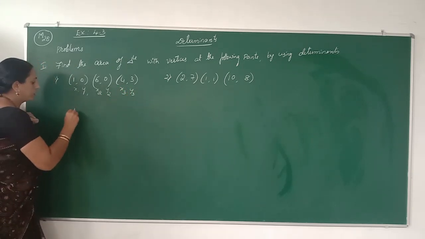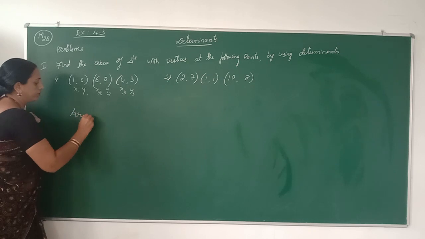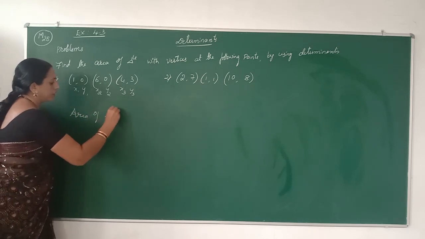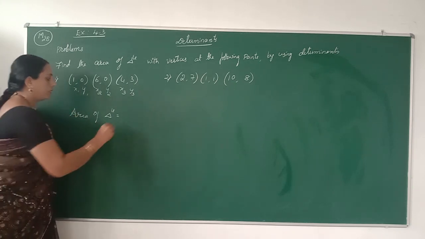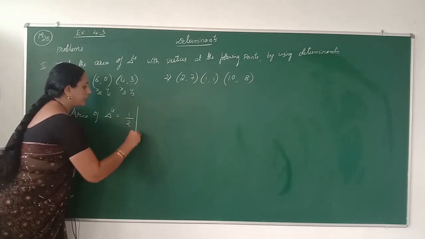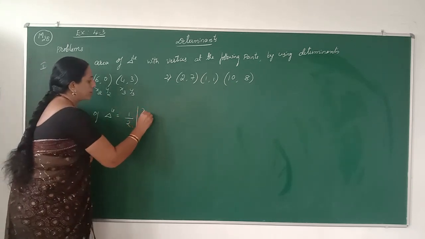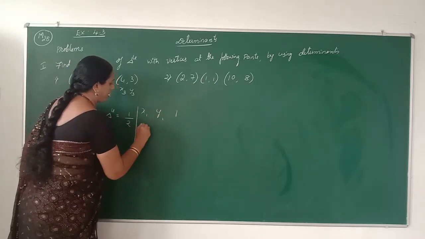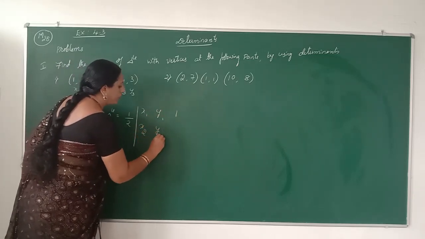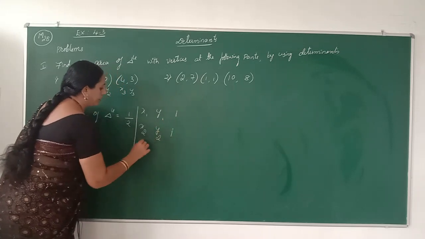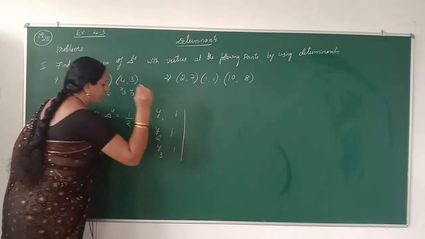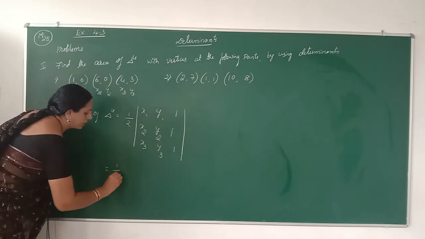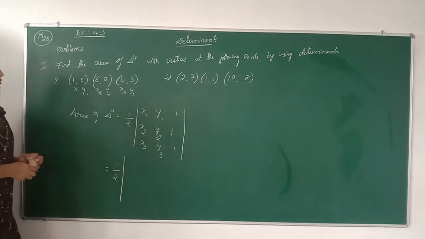So we know that the area of triangle ABC is half of the determinant of x1, y1, 1, x2, y2, 1 and x3, y3, 1.